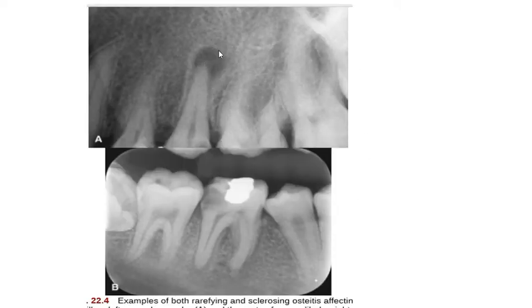Also, the increased radiolucent area that encircles the tooth apex, and also well corticated sclerosing bone formation around these radiolucencies, is also well identified on the lower molar teeth.